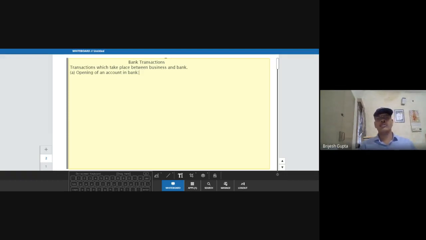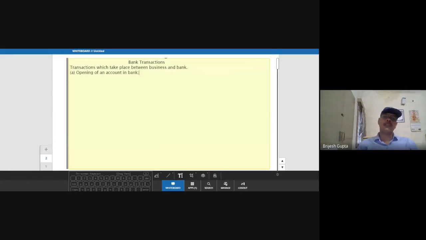This is the first interaction between bank and the business, where the businessman opens an account of the business in the bank. Basically opening of an account is not itself a financial transaction, so this event cannot be recorded in books of accounts.